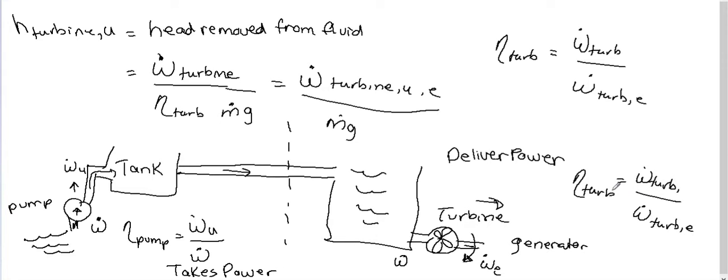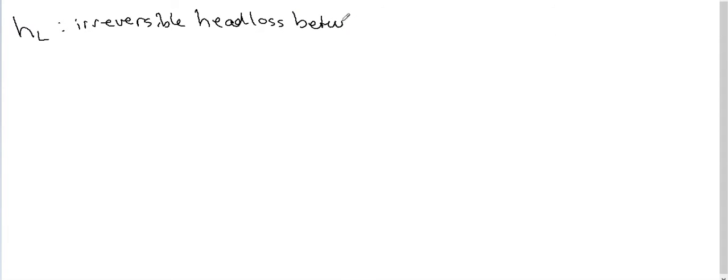Now, the one other thing that we haven't covered yet here is the head loss. So we have this other term that you saw here, H sub L, and that is considered to be irreversible head loss, and that's going to occur between points 1 and 2.